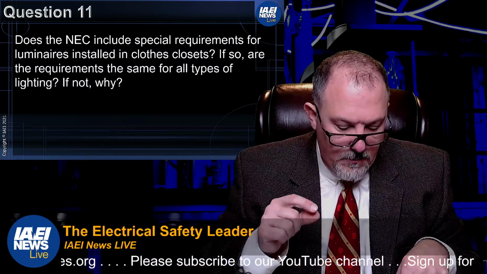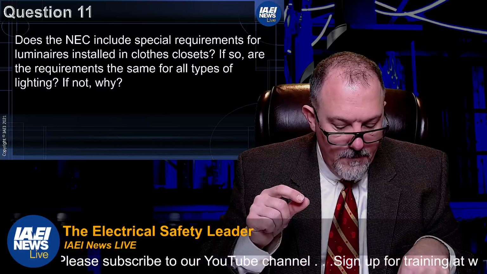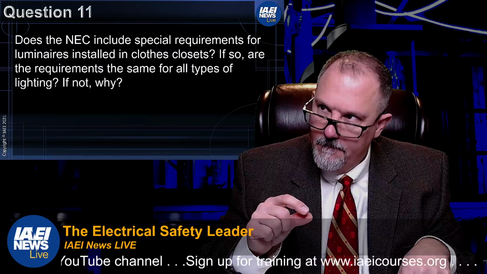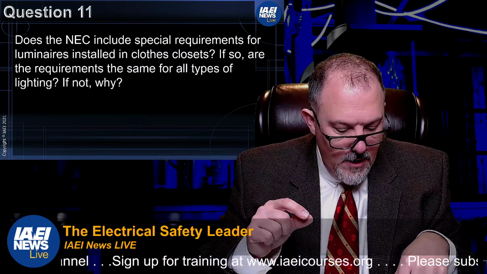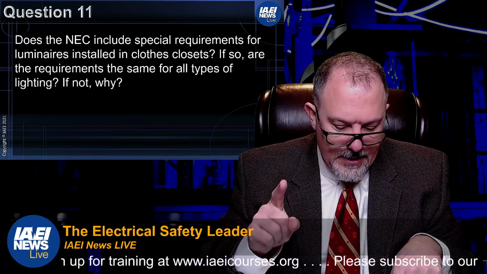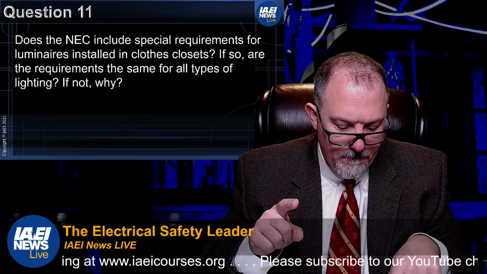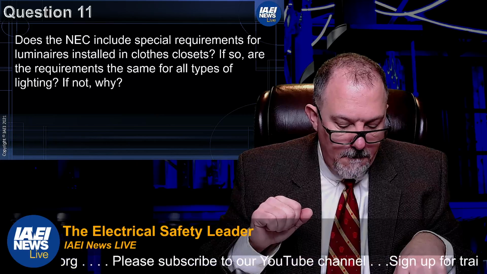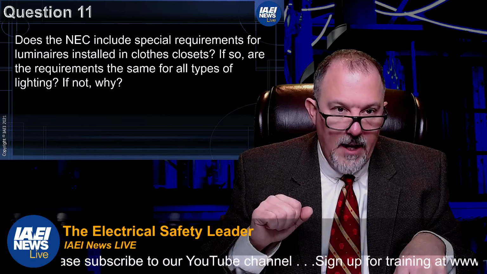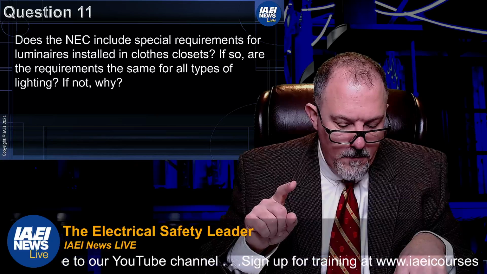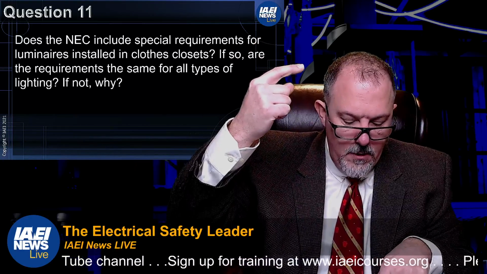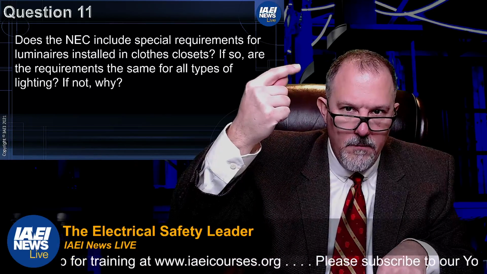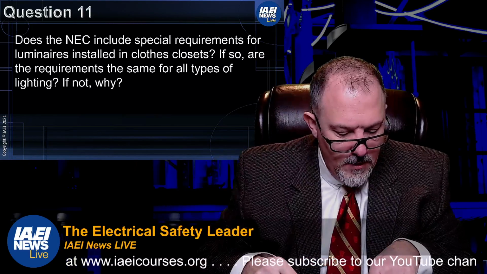So these are distances between the luminaire and the closest storage space. 12 inches for a surface-mounted incandescent or a LED luminaire. And we know it has to be completely enclosed. If it's on the wall, above the door, or on the ceiling, 12 inches.